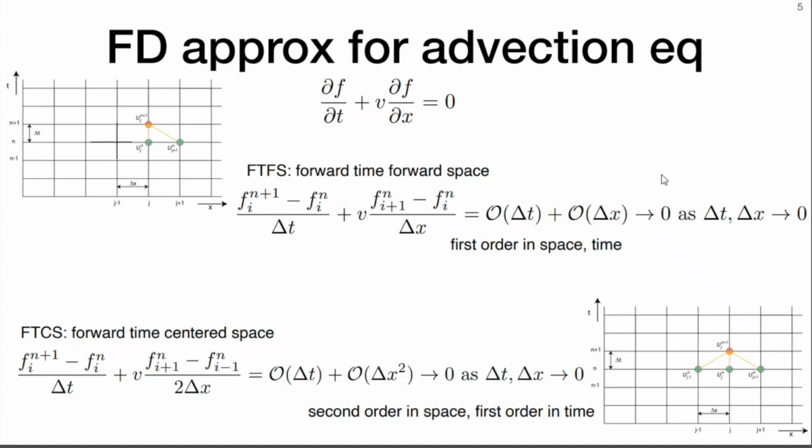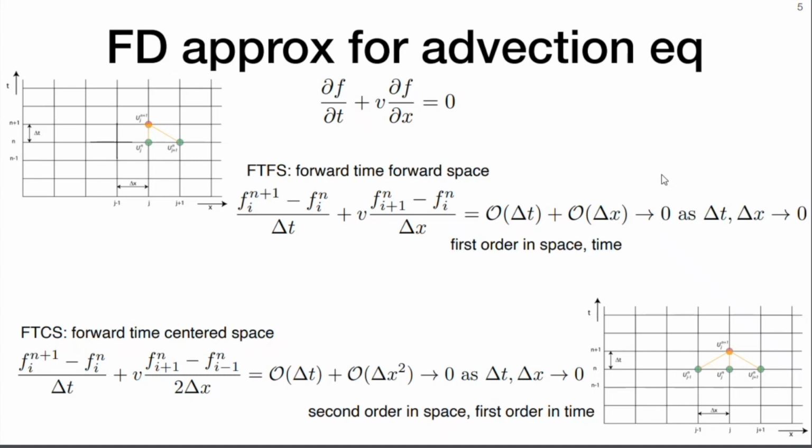So what this is suggesting is that this point in the next step only depends on the value of f here and here in the previous time step. Okay, so this is called a stencil. You have a grid in space and time, and how the solution at n plus 1 depends on the solution at n. This is called a stencil of dependence of the solution.